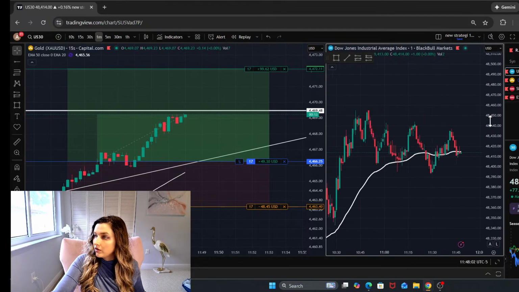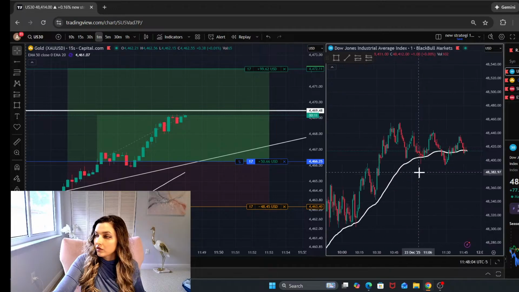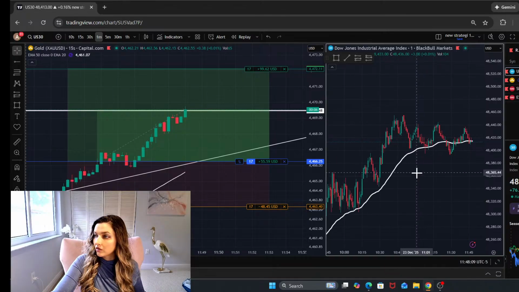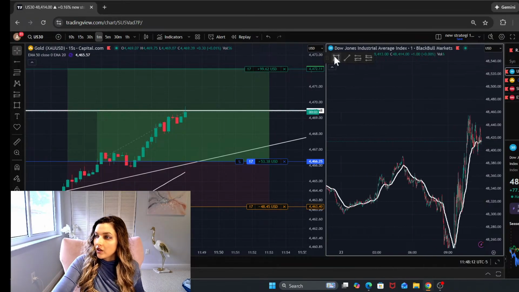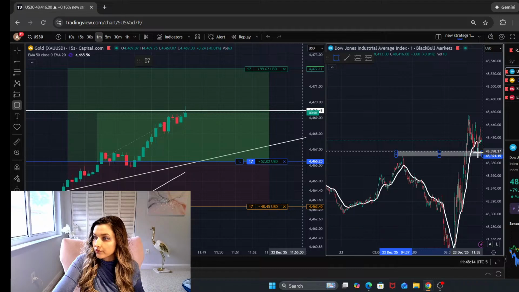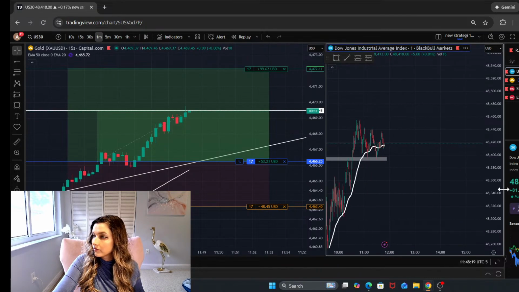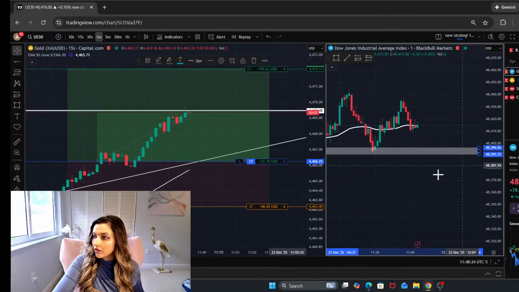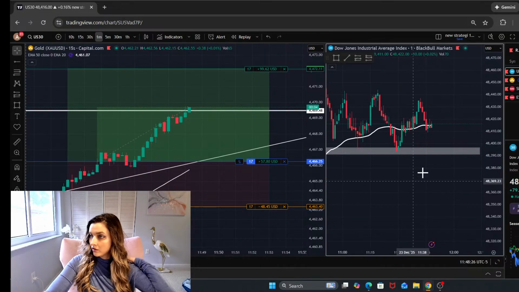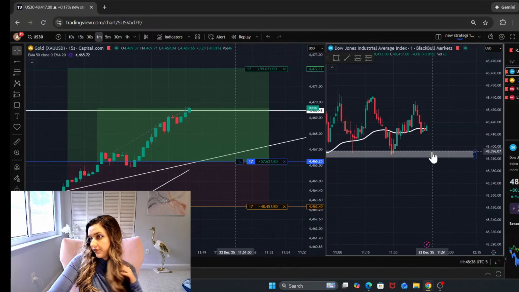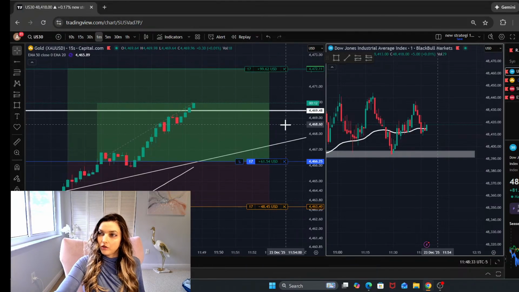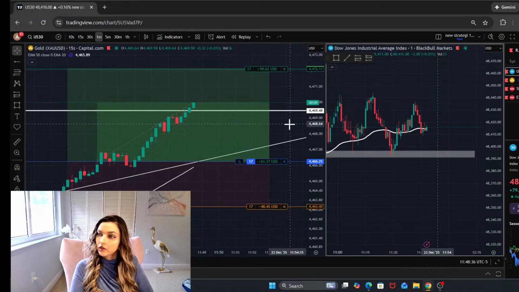Look, US30 is just mumbling around. Okay, so here, this area I'm waiting to break this area. Oh, here we go, it's going. The gold is going.